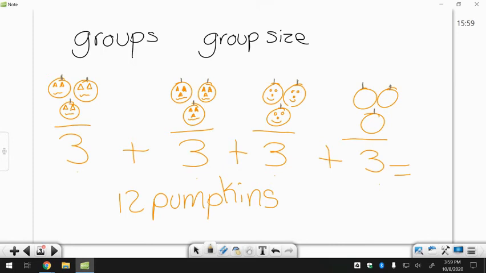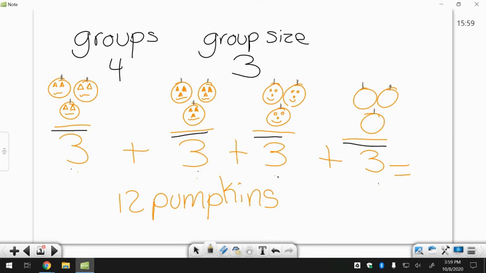Well, let's count them again. 1, 2, 3, 4. So I have 4 groups. Well, what are the size of each of my groups? So how many does each group have? This one has 3. This one has 3. This one has 3. And that one has 3. So my group size is 3.